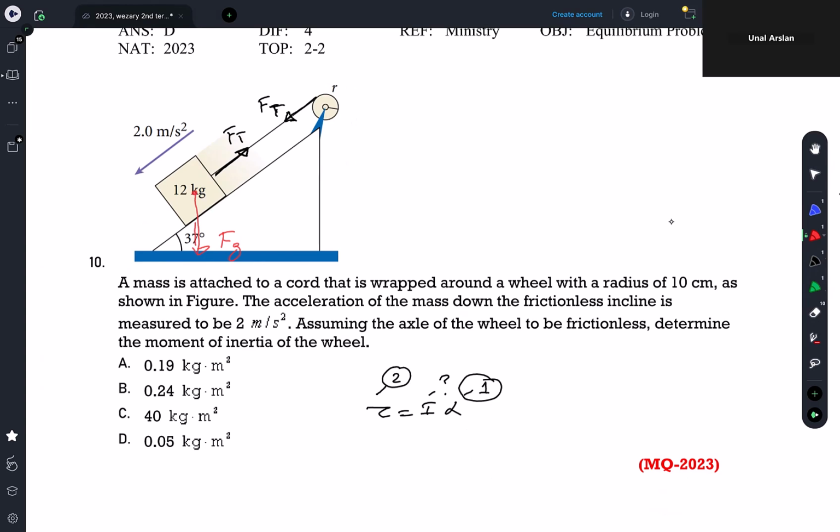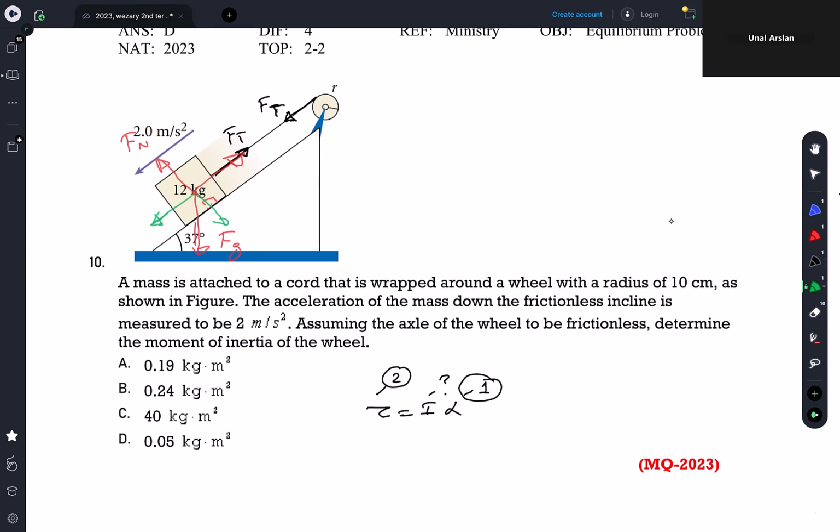Ft is acting along the rope, and Fn is acting perpendicular to the surface, because the normal force is perpendicular. And as you see, Fg has two components. One component will be acting parallel to the inclined plane.